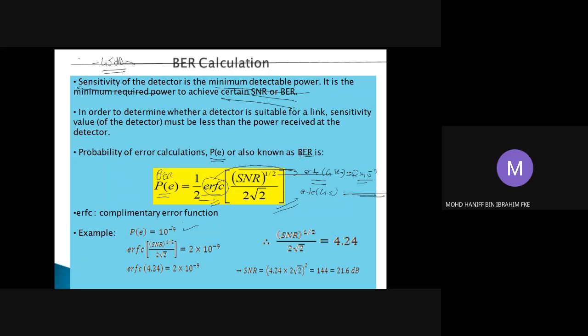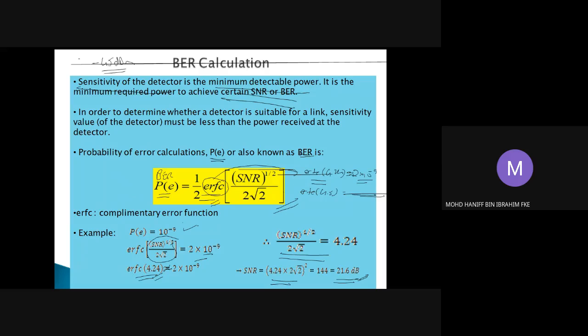From the ERFC value that you can find from Google, 2 times 10 to the power of negative 9 equals ERFC of 4.24, about that value. So the value in this bracket is equal to 4.24, and from here you can find that the SNR will be equal to this value in linear form, and in dB it is 21.6 dB.